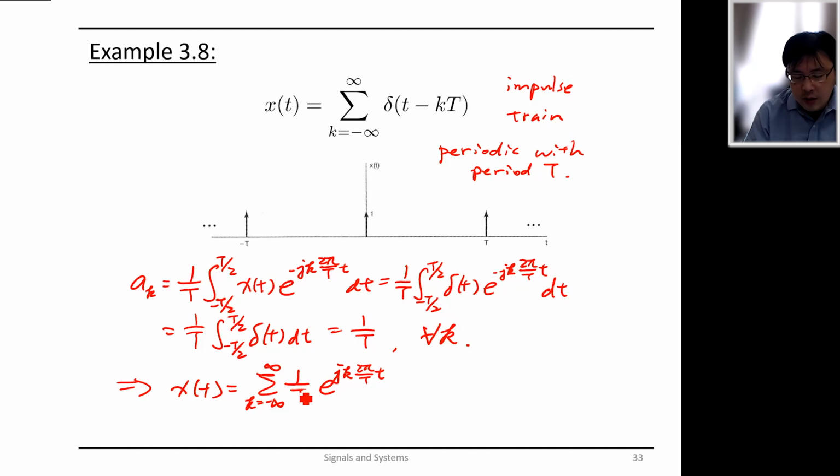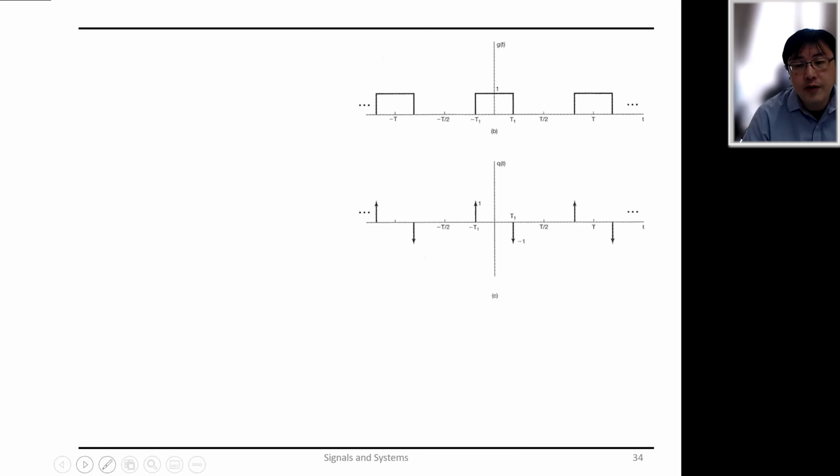Okay, or you can bring the 1 over T outside since it is the same for all k. All right.